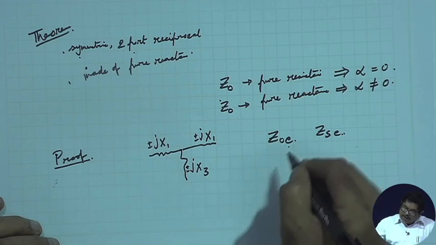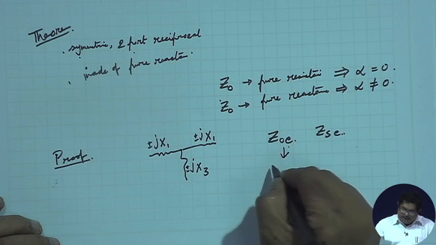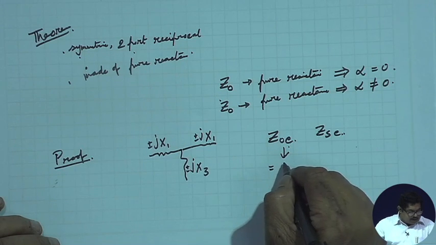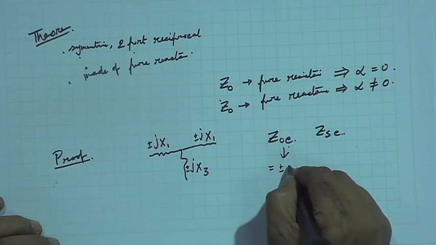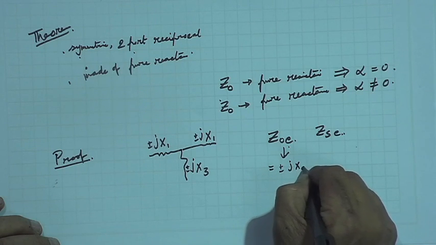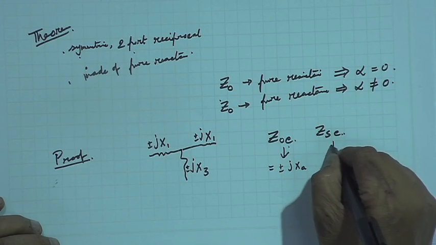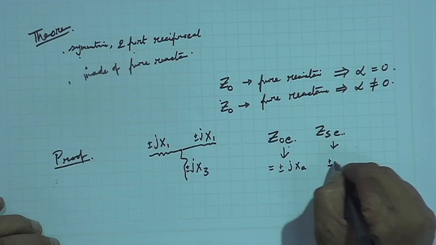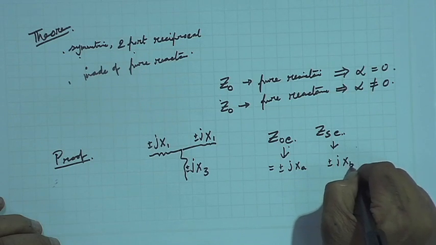So, let us consider that ZOC is plus or minus jXA, and ZSC is plus or minus jXB.